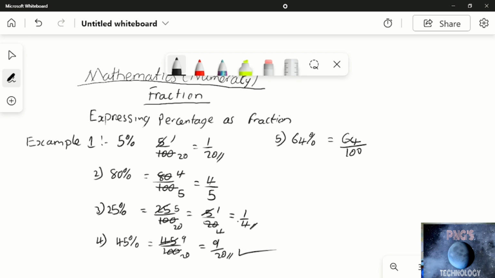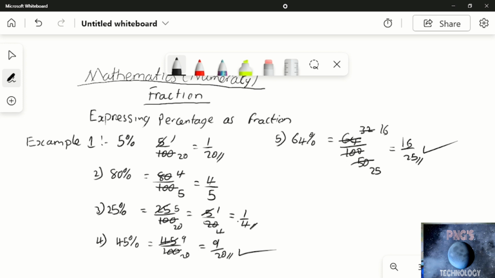So let's use 2. 2 in 64 will give us 32. 2 in 100 will give us 50. 2 can still go, right? 2 in 32 will give us 16. 2 in 50 will give us 25. So I guess no number will go into both. So we can say 16 over 25 will be our final answer, and that's correct.